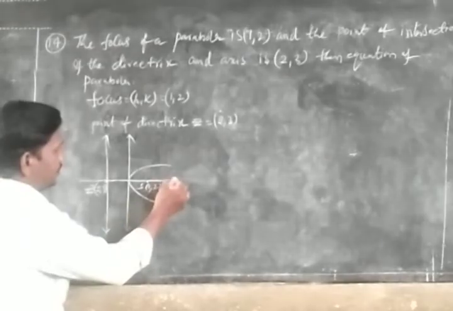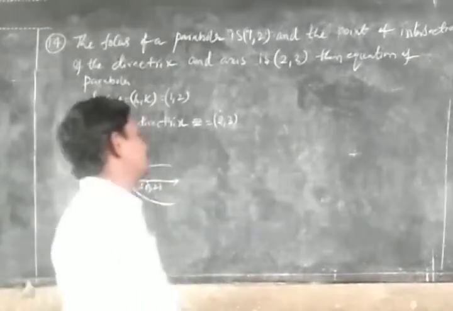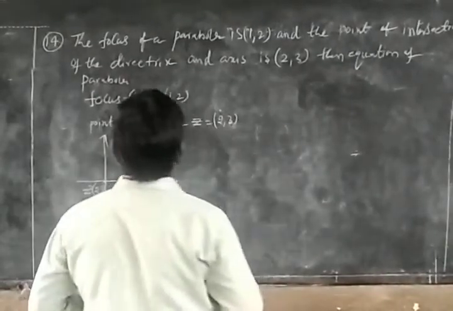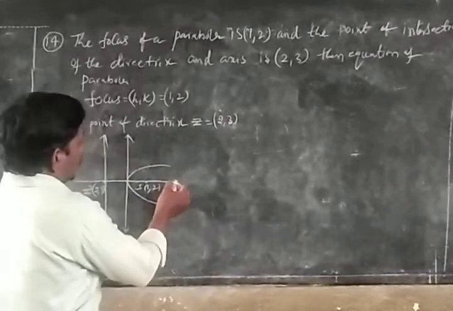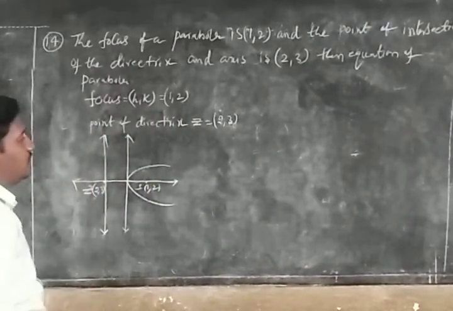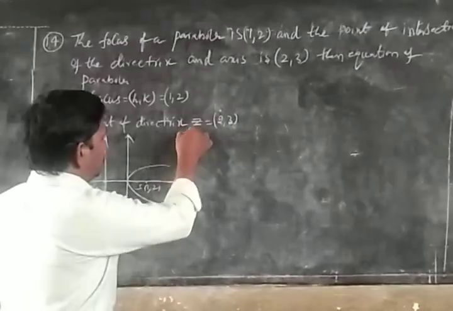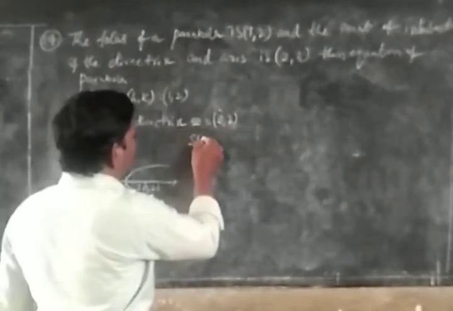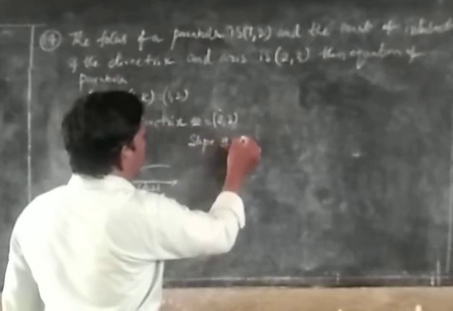This is the line, the axis. Now, slope of the directrix, slope of the axis.